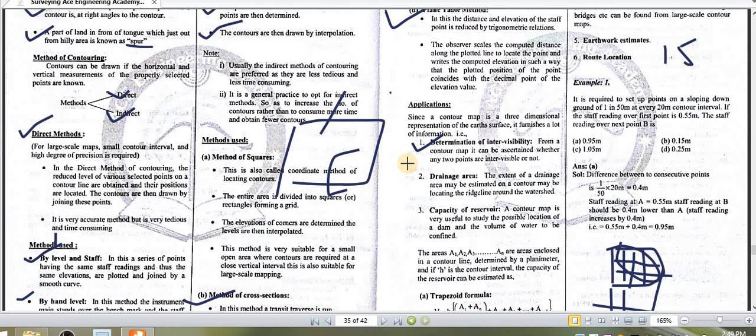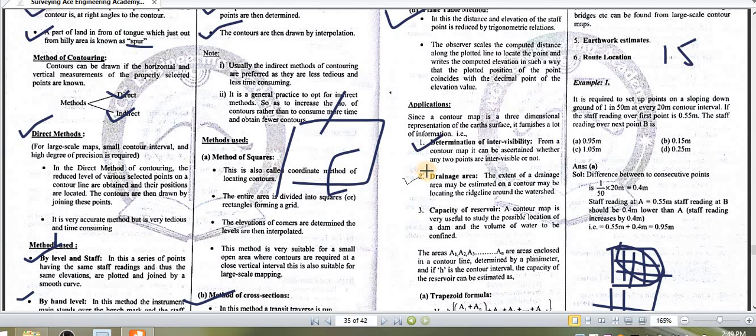So it will show whether the intervisibility between two points is there or not, because intervisibility is very important. That will also tell you how much amount you will have to cut the area from. Okay, how much cutting you have to do, how much filling you have to provide. So for that purpose your contour map is very suitable.